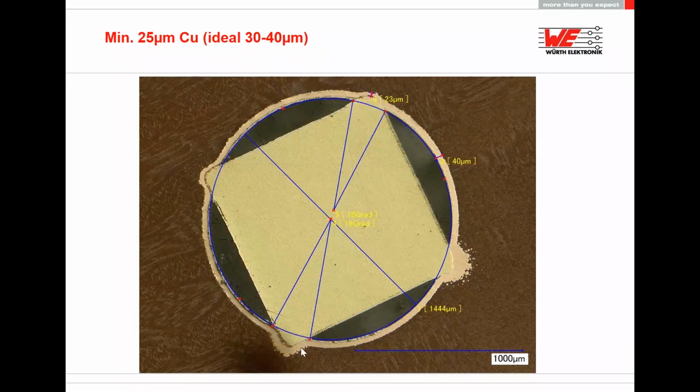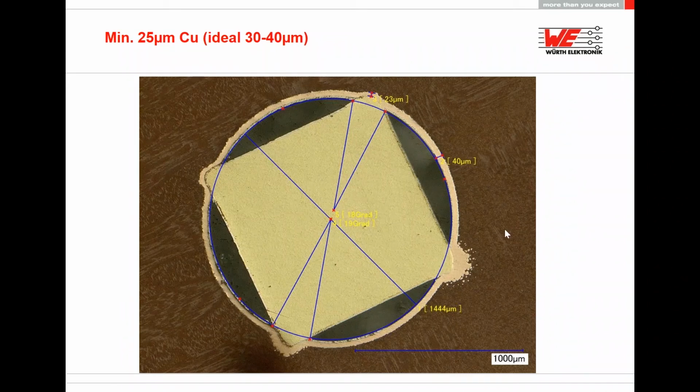We have here some angles with 90 degrees. Here we have 18 degrees. We can see here the final via size. It's 1.44 millimeters. And we see also here that there is a lot of copper left, and we don't touch the FR4 material.